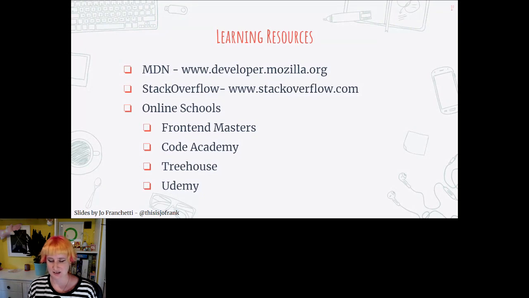It contains documentation on every single bit of JavaScript, of CSS, of HTML, every single description of how these things should work and what the standards say they should do, along with example code, which is going to show you how to actually use that HTML, CSS, or JavaScript.